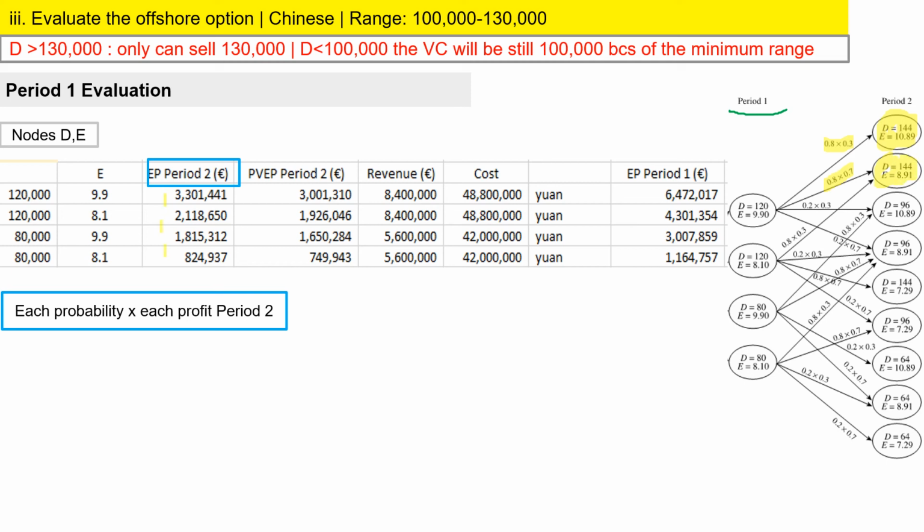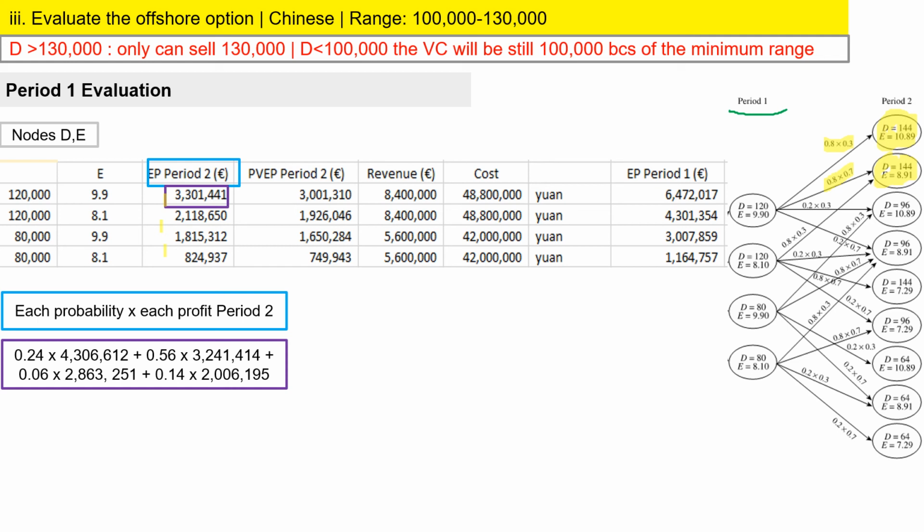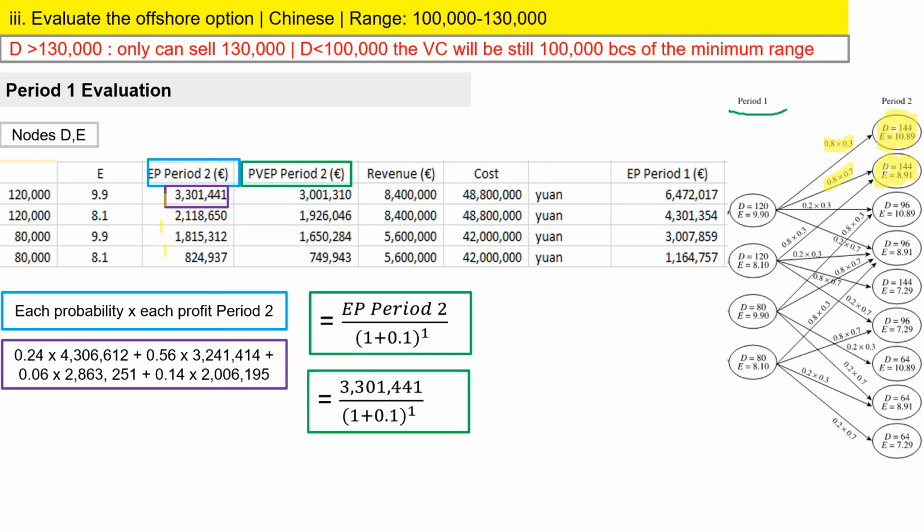And for the PVEP in period 2 that will be discounted to this period, we got this number from the EP period 2 in this column, divided by 1 plus 0.1 squared by 1, and then we got this number. And then for the revenue, it is just the demand here times the price, but please pay attention that it needs to be in our range of production.